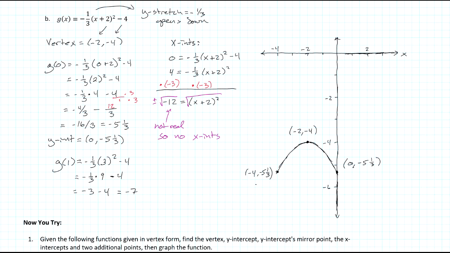This is negative 6, so negative 7 is here. So (1, negative 7) is right there. And then I can find its mirror, over that axis of symmetry, same distance. It's going to end up there. So this is going to be negative 5, right?